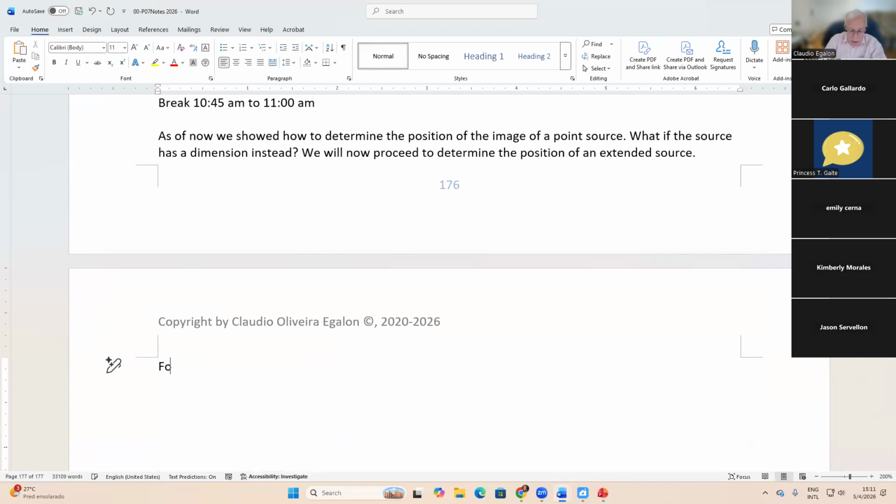For an extended object, we replace the point light source with an upward arrow.